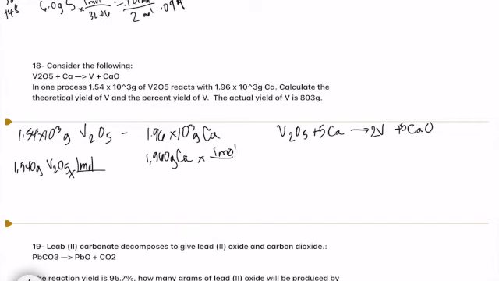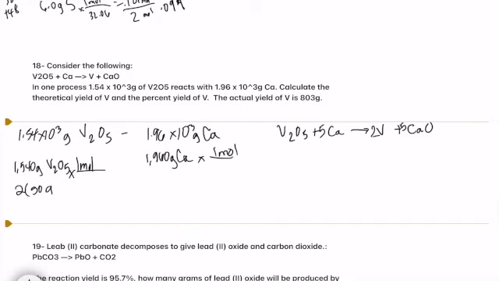Go ahead and take your periodic table. Vanadium's not very common, so that's one we're going to have to look up here. Remember, we have two of them. It's a transition metal. And so it's relatively heavy here.